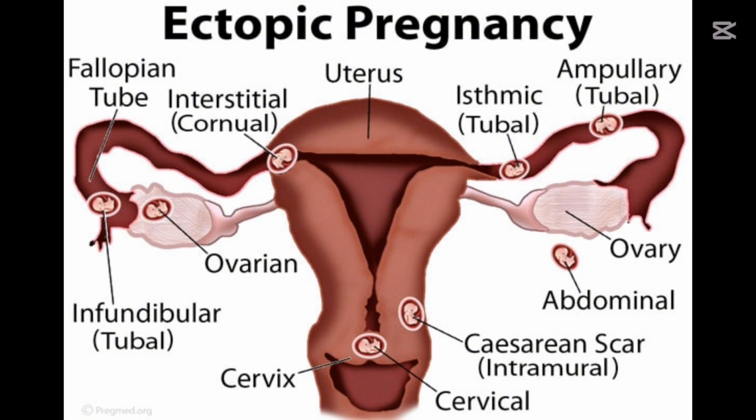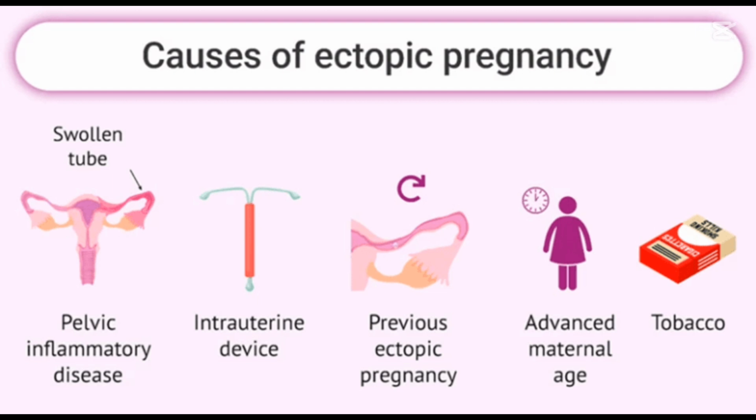So what then are the causes and risk factors for an ectopic pregnancy? So the various causes and risk factors include previous ectopic pregnancy, which will increase the likelihood of recurrence. We can also have conditions such as pelvic inflammatory disease, which is often caused by sexually transmitted infections like chlamydia or gonorrhea, leading to tubal scarring.